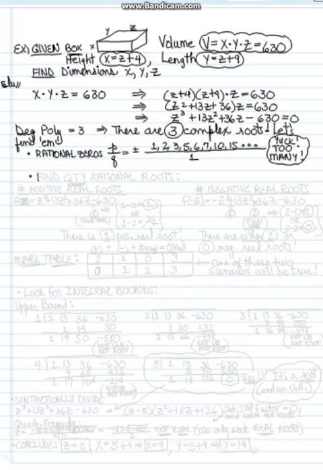Let's find the quantity of rational roots using Descartes' rule of signs. First, we'll calculate the possible number of positive real roots and the possible number of negative real roots. For the positive real roots, let's take a look at the function f of z, not f of x here.